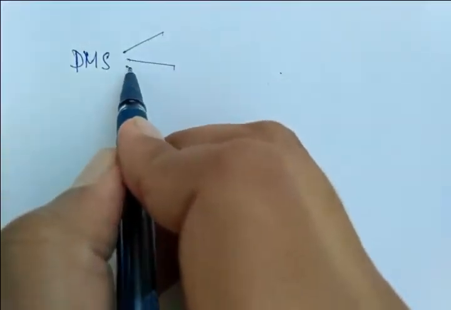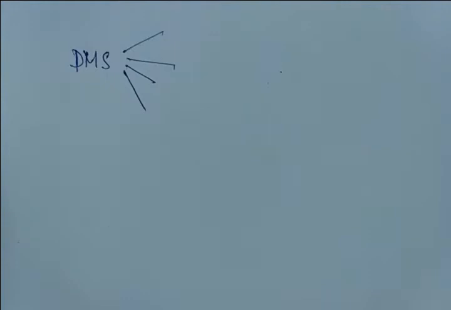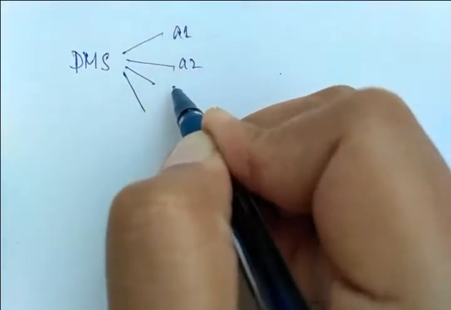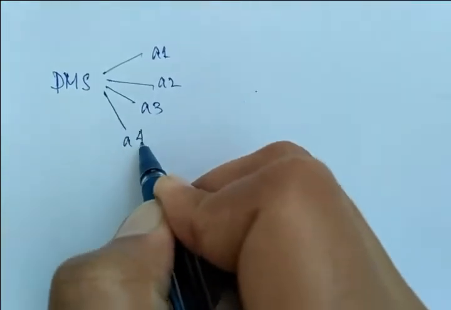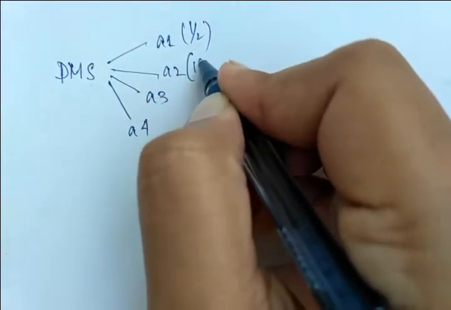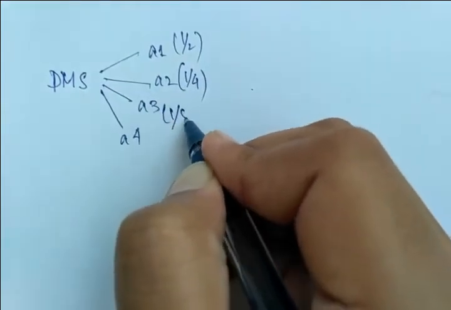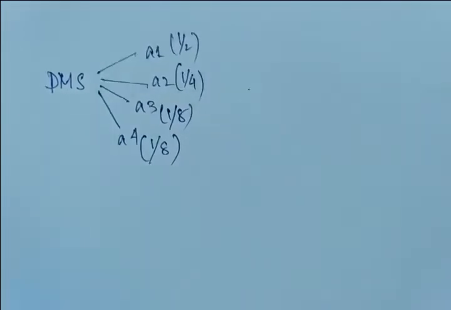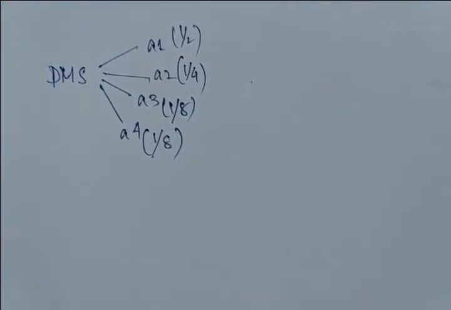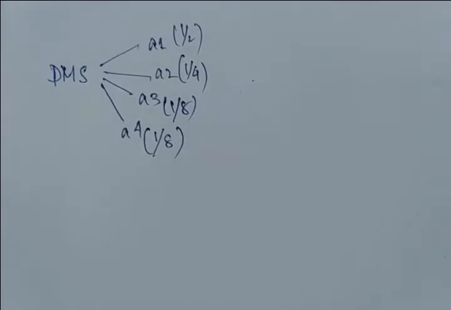This DMS has 4 symbols, 4 alphabet, denoted by A1, A2, A3 and A4, and the probabilities are already defined: this is 1/2, this is 1/4, this is 1/8, and this is also 1/8, right? And you have to calculate the minimum average code word length in bits to represent the source for error-free reconstruction, right? Okay, so please note it down.